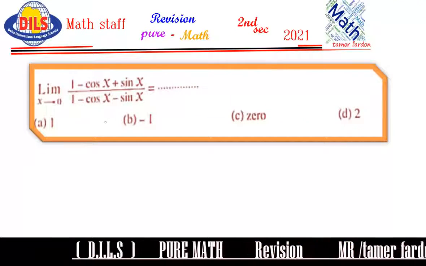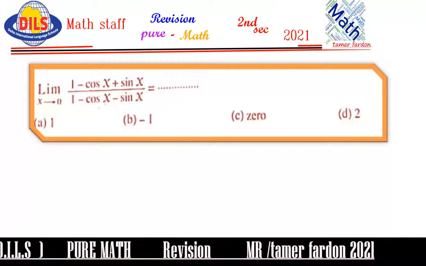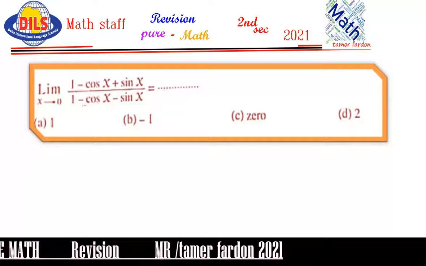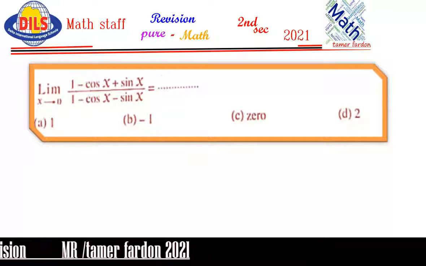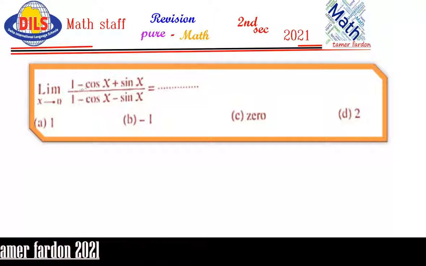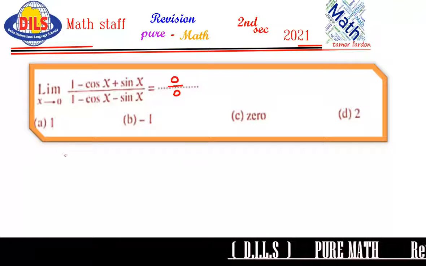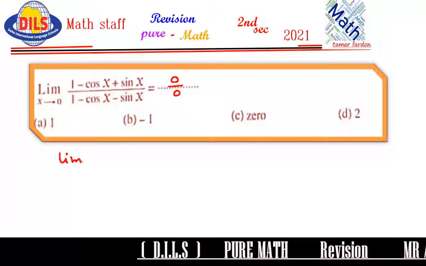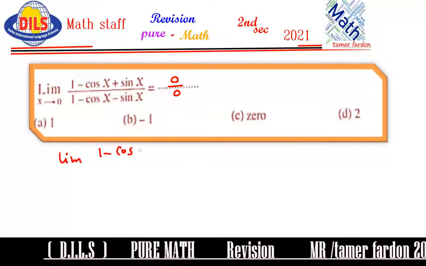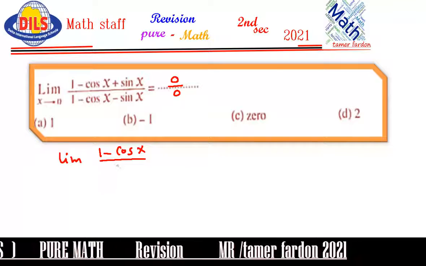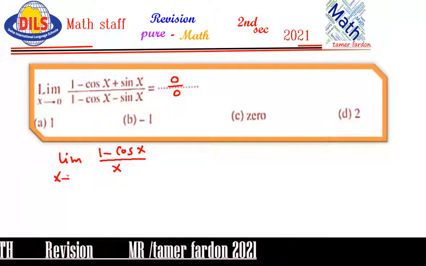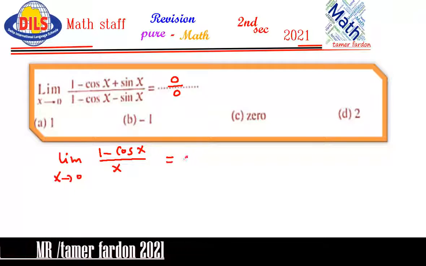Another exercise: the limit of 1 minus cosine x plus sine x over 1 minus cosine x minus sine x. By using direct substitution, we get 0 over 0. We know that the limit of 1 minus cosine x over x when x tends to 0 equals 0.